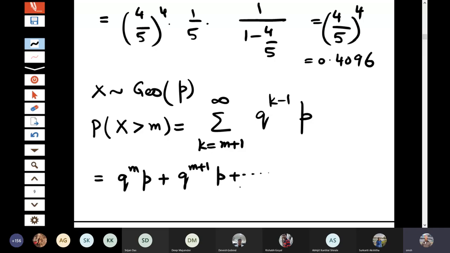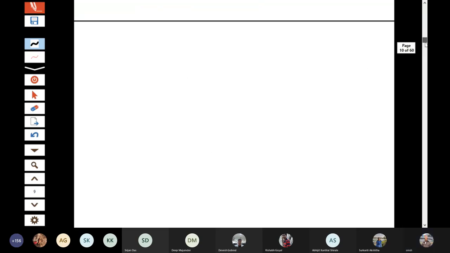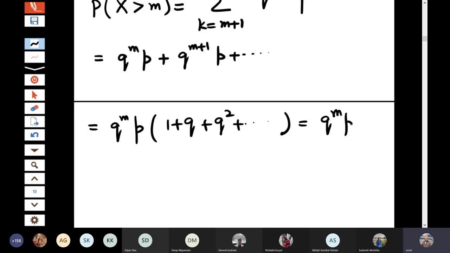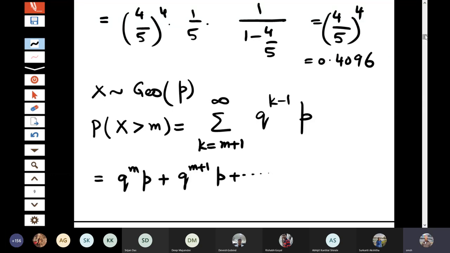So this is nothing but q to the power m p times 1 plus q plus q square and so on. So that is q to the power m p divided by 1 minus q, that is q to the power m. So what I have calculated, in a geometric distribution, is that the probability that the success has not been observed till m trials is q to the power m.